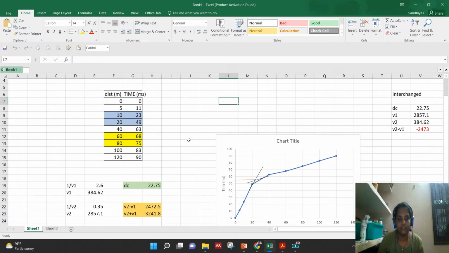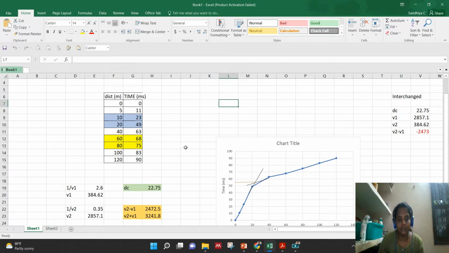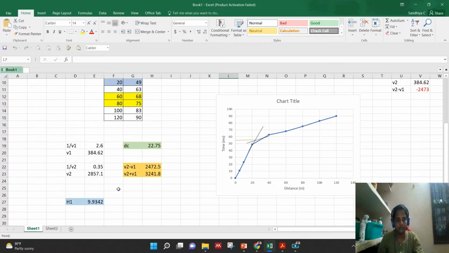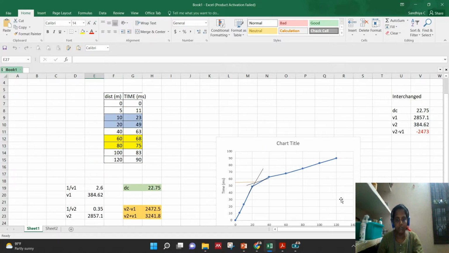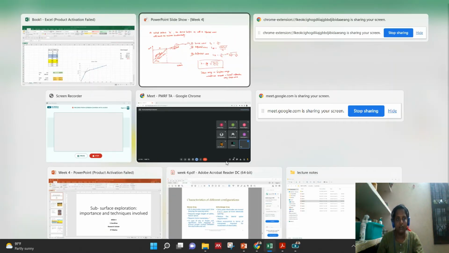So first what we will do is find the, I'll explain, one second. V1 and V2 are the slopes.